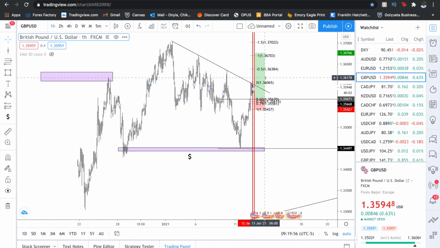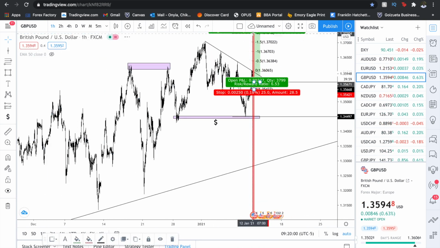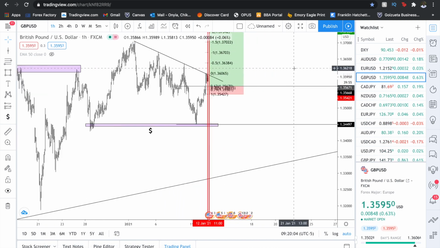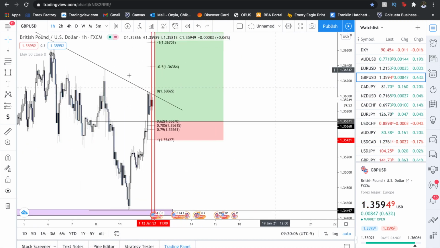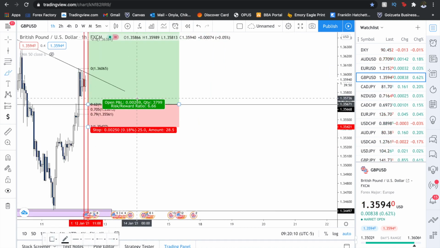Why not? Once you set it to the -2, this is a 1 to 6.66 risk to reward ratio. Isn't that beautiful? It's beautiful.